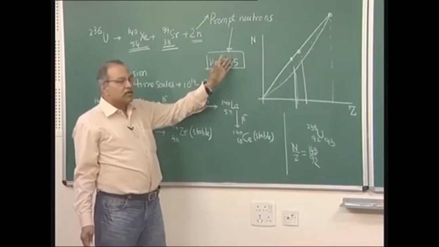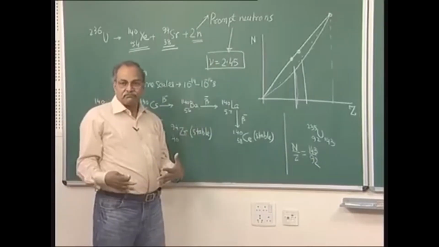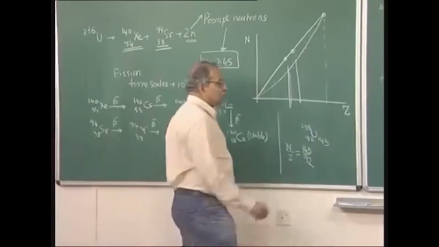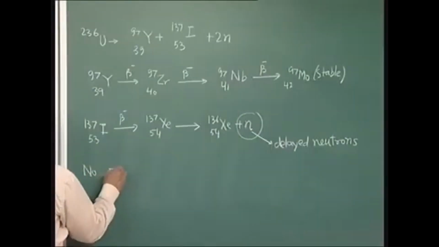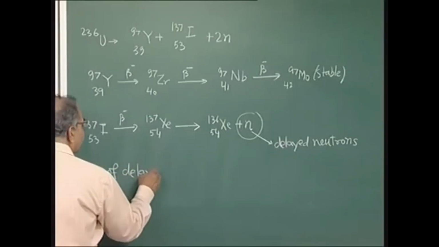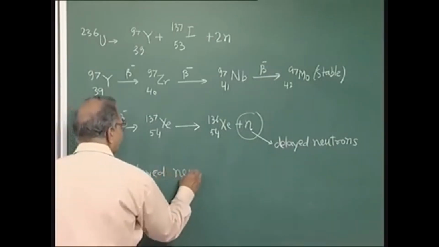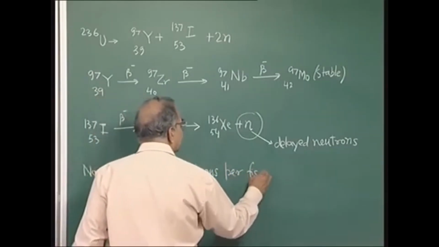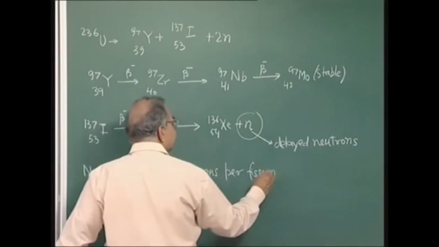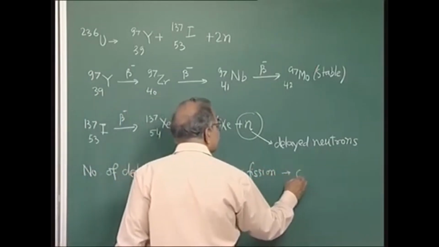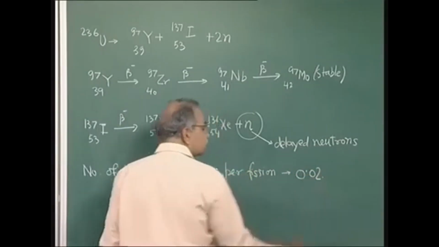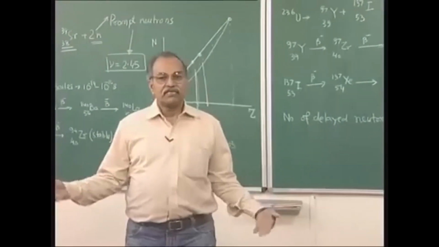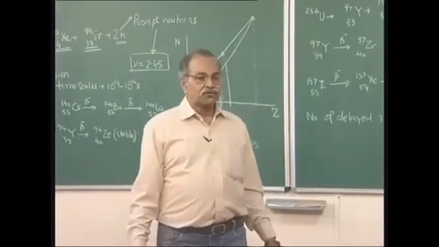Similarly, if you calculate how many delayed neutrons have come through the total number of fissions and then divide per fission, for uranium 236 that is around 0.02. So, in 50 fissions one particular combination will give one delayed neutron.